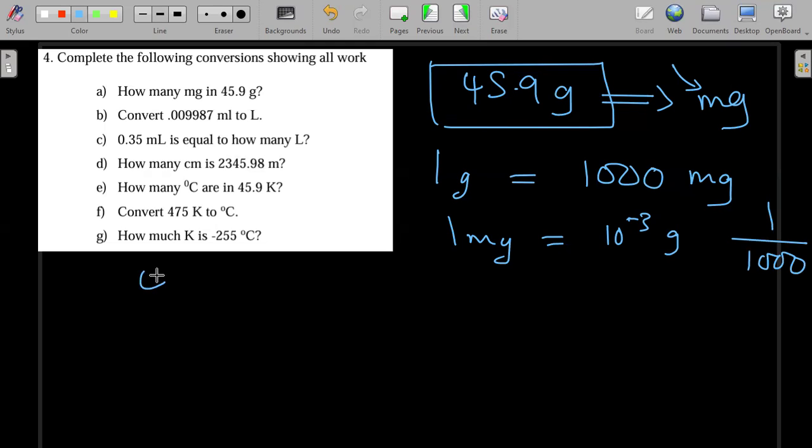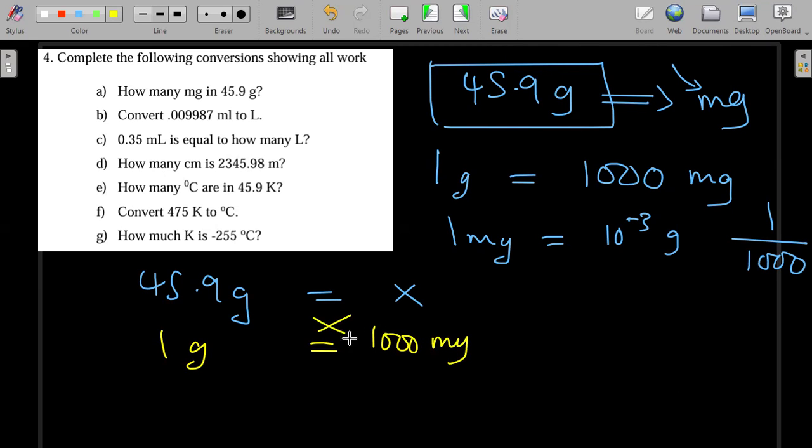So here, since we have 45.9 grams, so we don't know how many milligrams, we can put X. And then now we know that 1 gram is equals to 1,000 milligrams. So we can cross multiply. So 1 multiplied by X multiplied by 1, I get X is equals to. And then here, what am I going to get? Or maybe I should be putting the units.